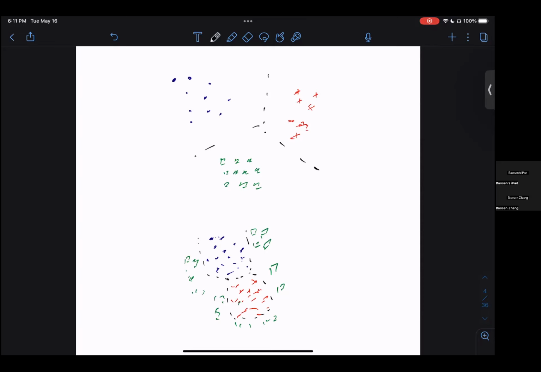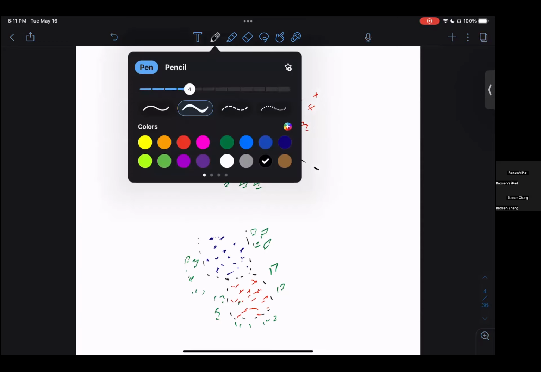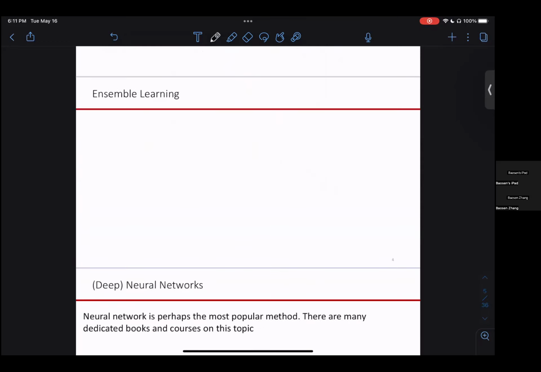Okay. So before neural networks were really popular, and neural networks have been around for a long time, what we had was not so much neural networks, but something like ensemble learning. Ensemble learning is a fancy name saying that you train many algorithms and again take the majority poll of many algorithms.